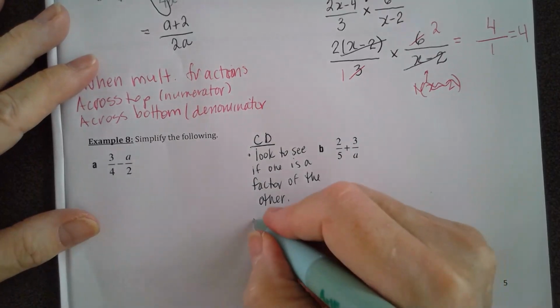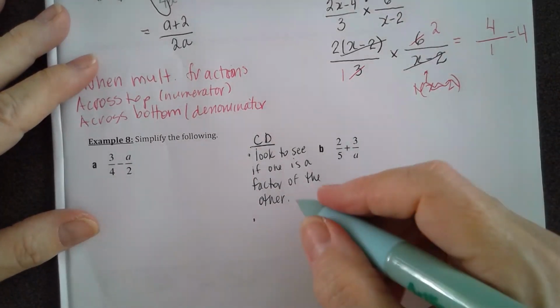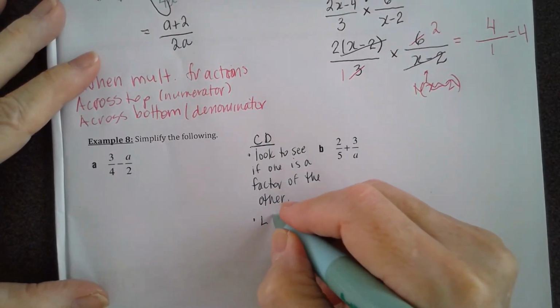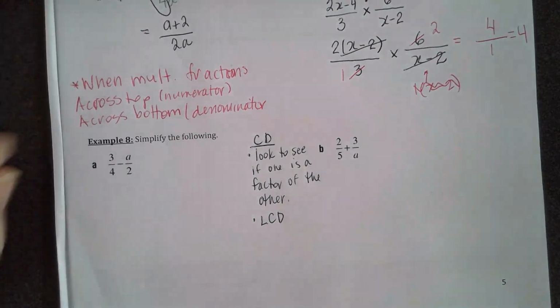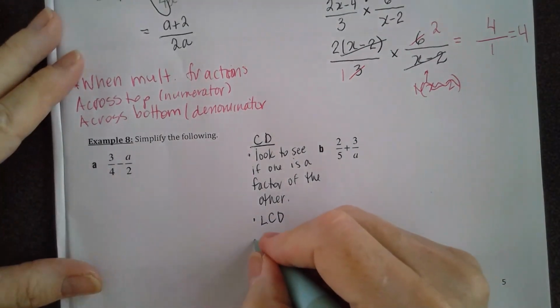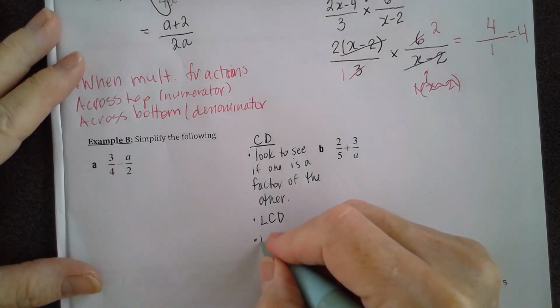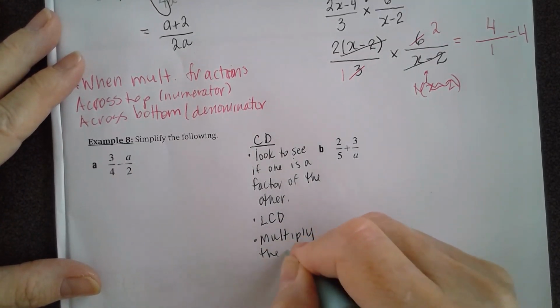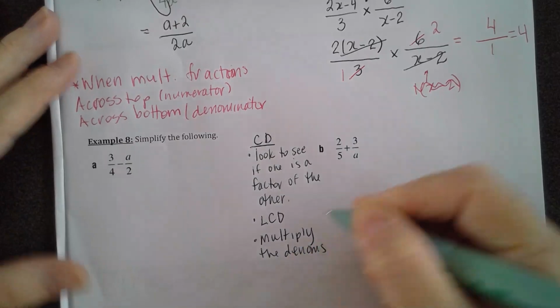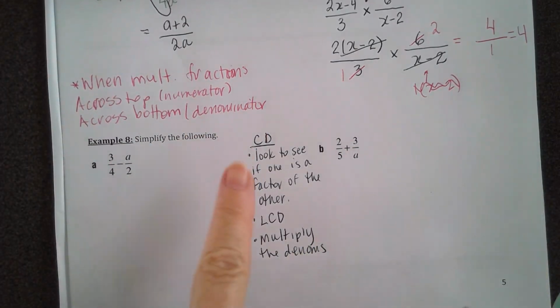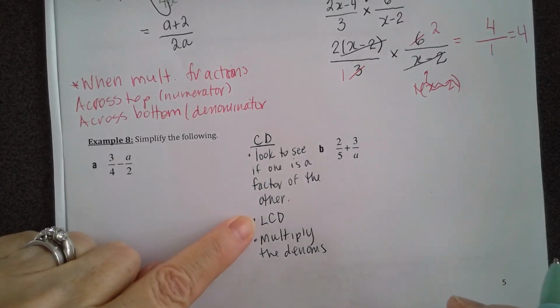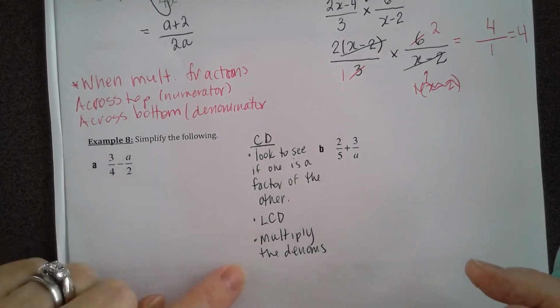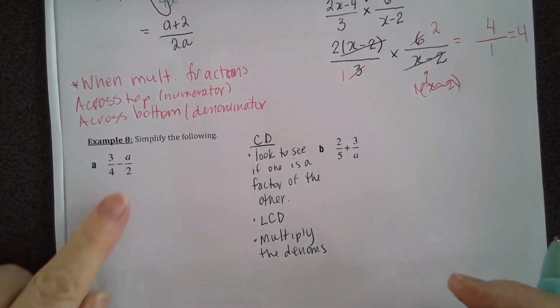Then if that's a no, I try to get the least common denominator. If all else fails, I just multiply them together. So it's kind of like a flow chart. If that works, great. If it doesn't work, I try to get an LCD. If I'm bad at LCD or I can't figure it out, then I just multiply them together.